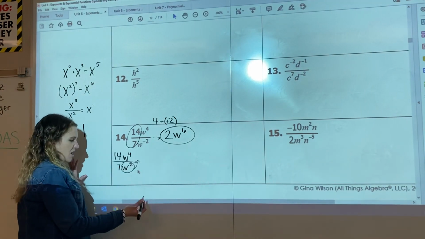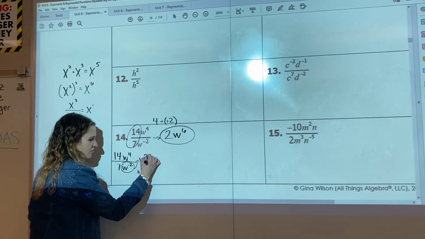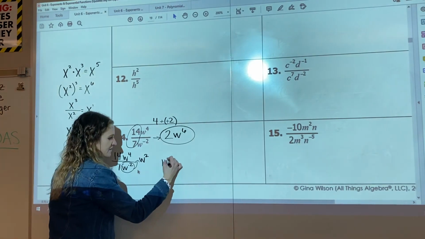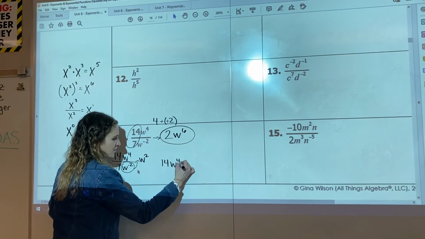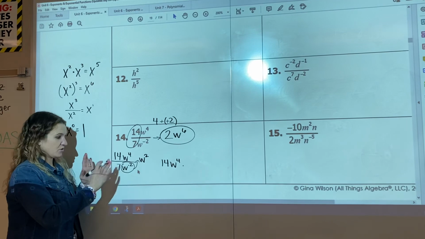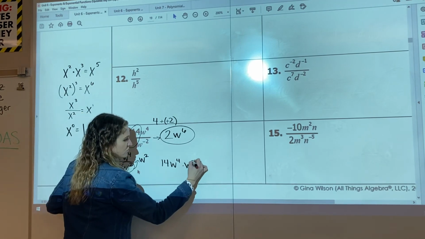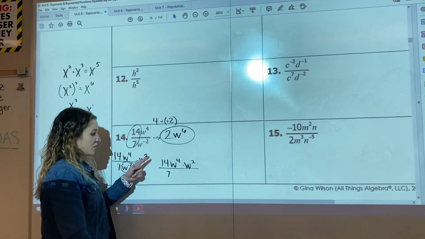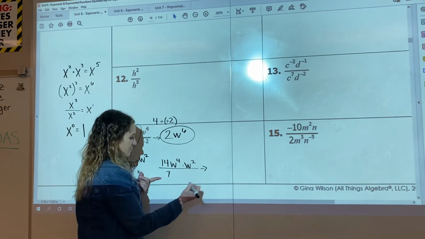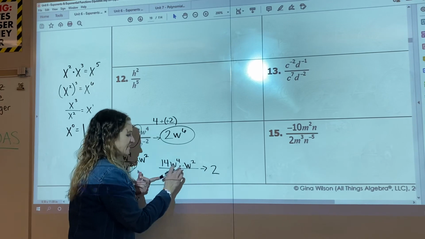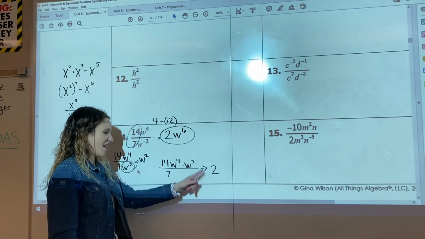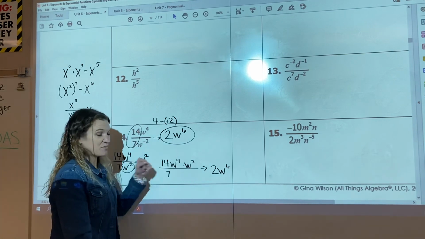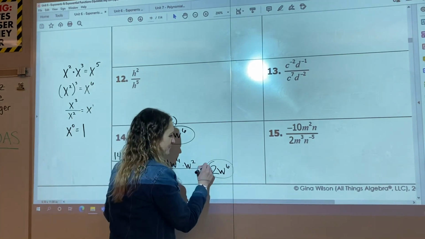When they move him up, he becomes w squared up top, and it'll become a positive. So that would leave me with 14 w to the 4th times, because if it's touching something, you know it's being multiplied, w squared. And then on the bottom, we still have the 7. We know 14 over 7 would still simplify to 2. But when we have the same base and we multiply across, we add our exponents, giving us w to the 6th. So just like before, we got the same answer.